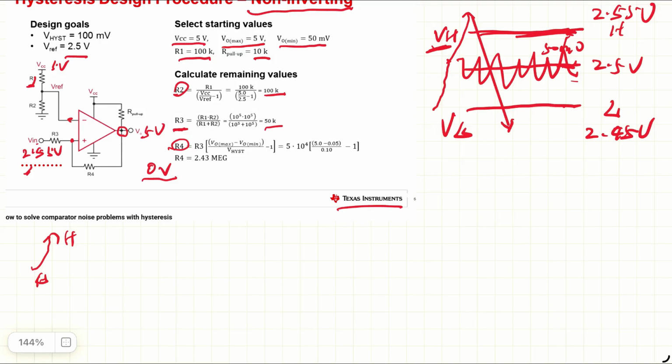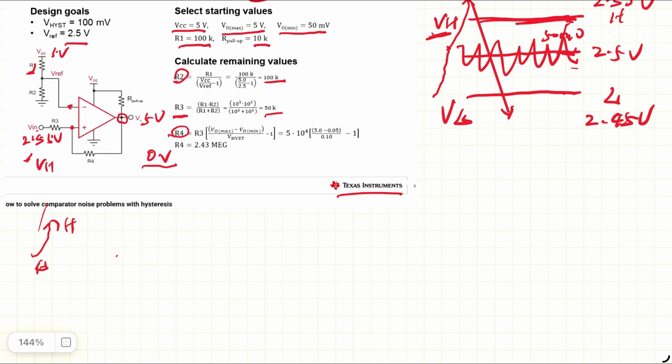So let's look at the critical situation, the critical input of 2.5 volts, which is the VH here, the high threshold, and look at how this circuit is. That circuit actually is very straightforward.